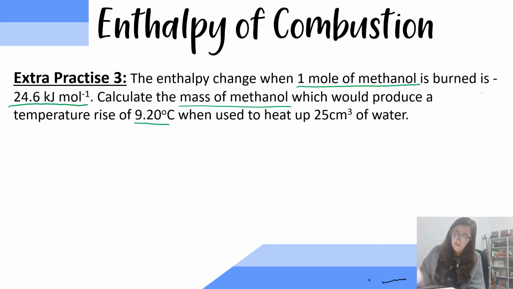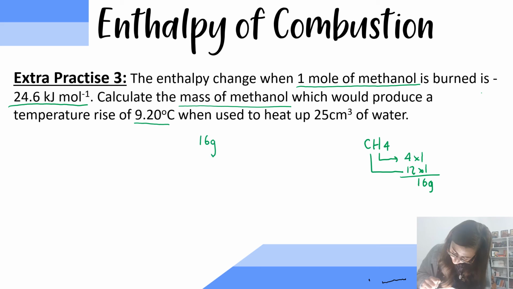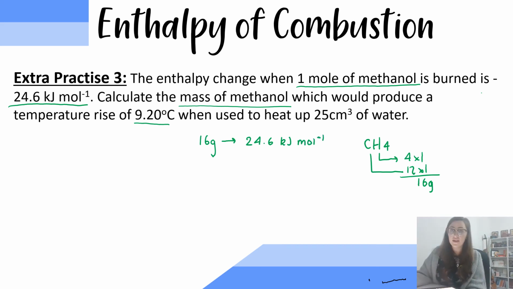So, first of all, what I want to look at is the mass of 1 mole of methanol, which is 16 grams. So I know that 1 mole of methanol, or 16 grams of methanol, results in a 24.6 kilojoule per mole release of energy. So if I want to work out how much mass of methanol would cause a 9-degree rise, first of all I need to work out what energy is associated with a 9-degree temperature rise.